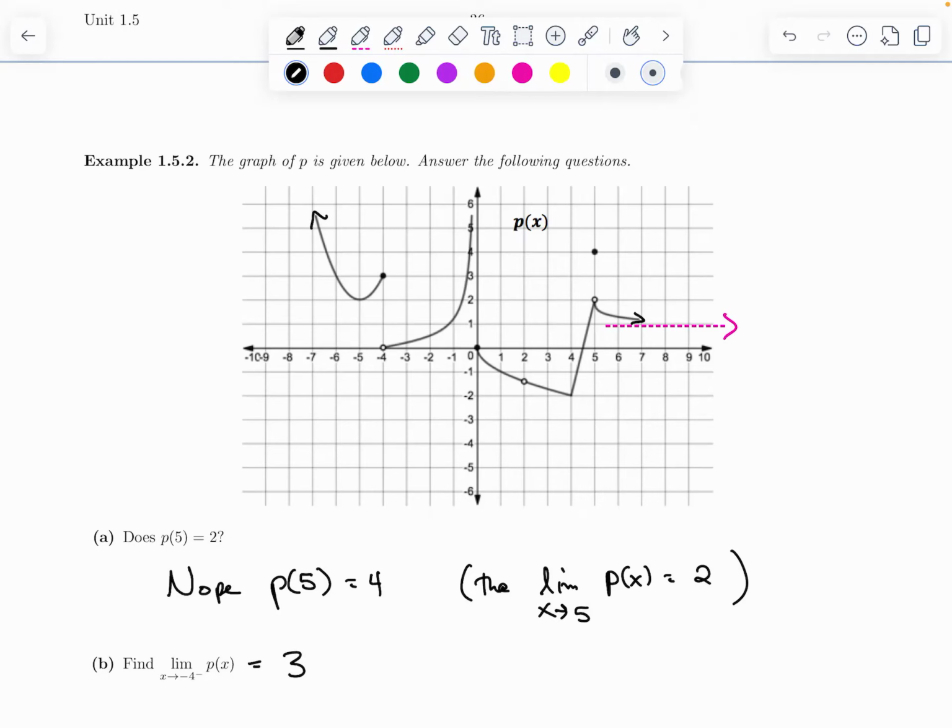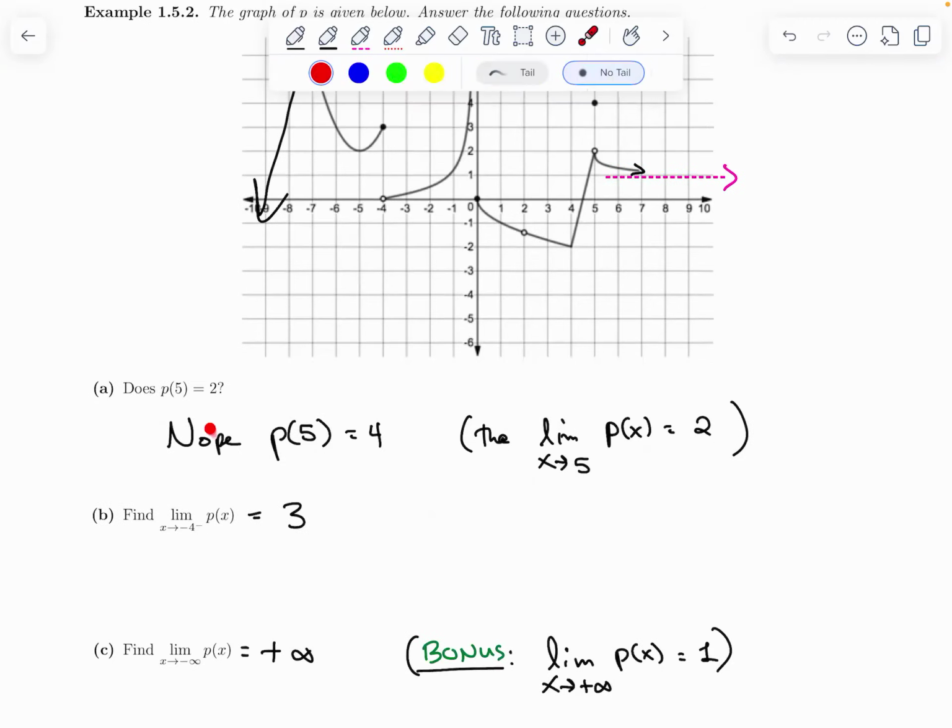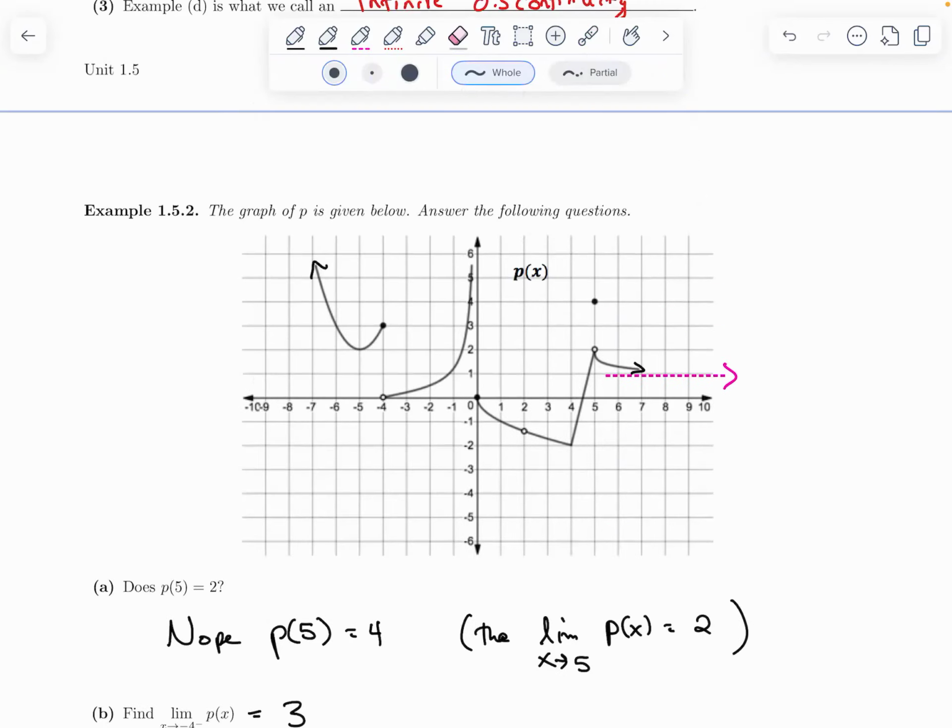If it had been like this, then the answer would have been that the limit as x approaches negative infinity is negative infinity. If it was pointing down, it would still be positive, right? At vertical asymptote or horizontal asymptote? Horizontal. At 1?